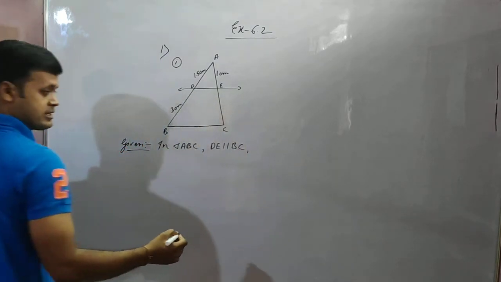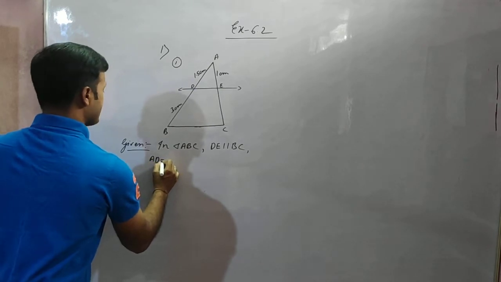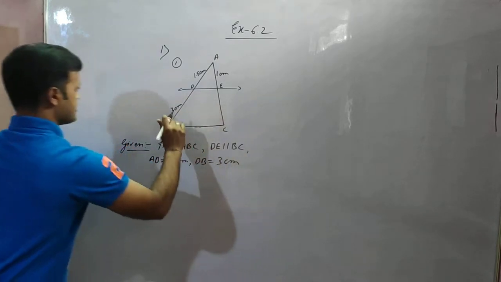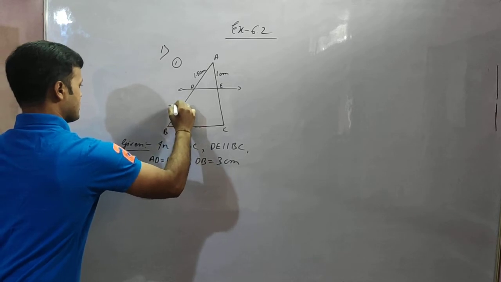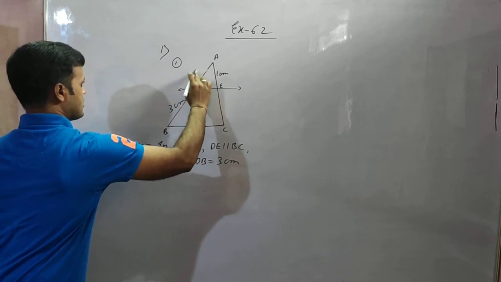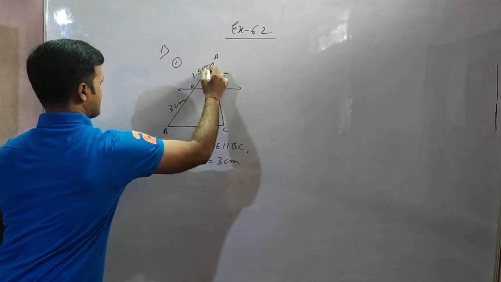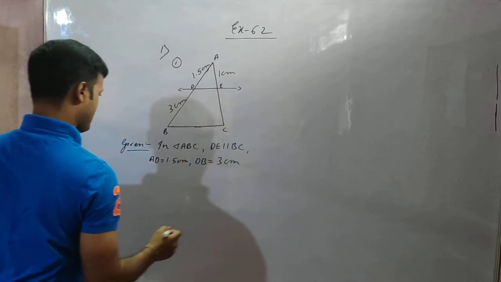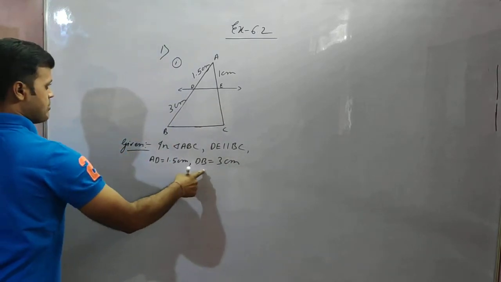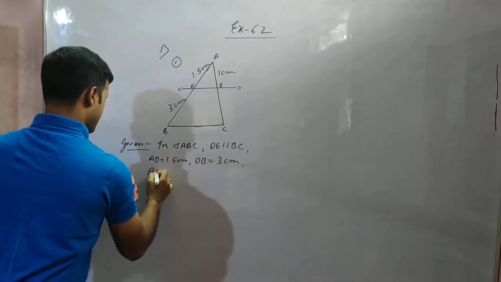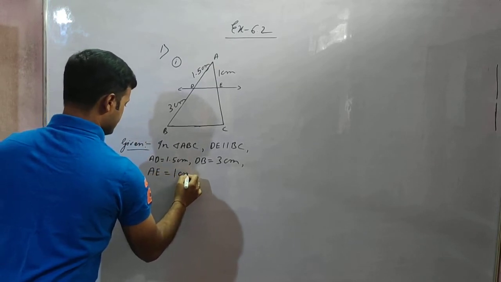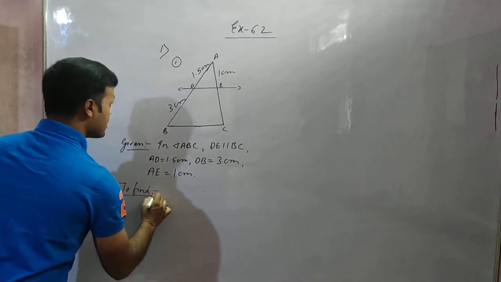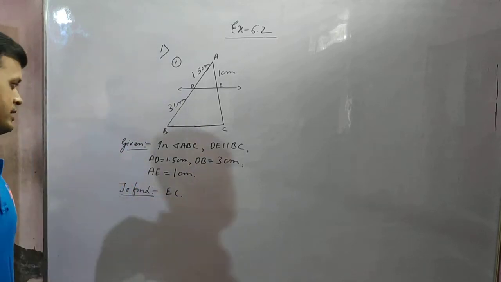Whatever is given: AD is equal to 1.5 centimeter, DB is equal to 3 centimeter, AE is equal to 1 centimeter. We need to find out EC, students.